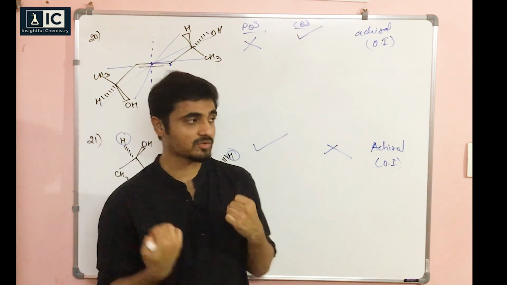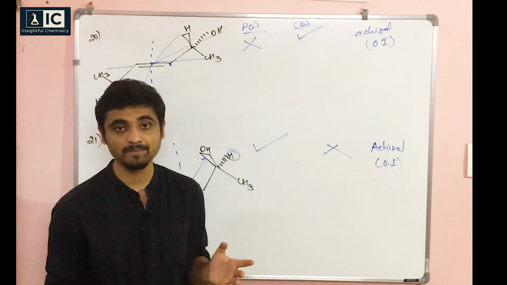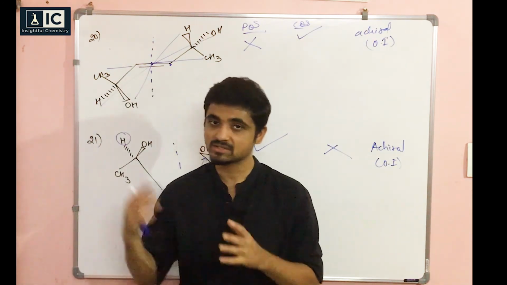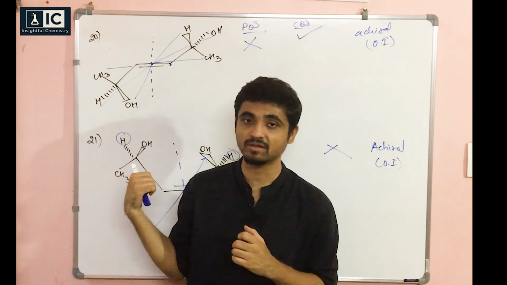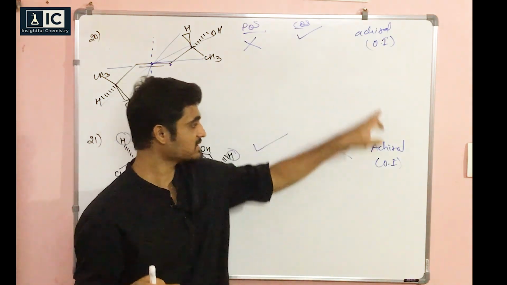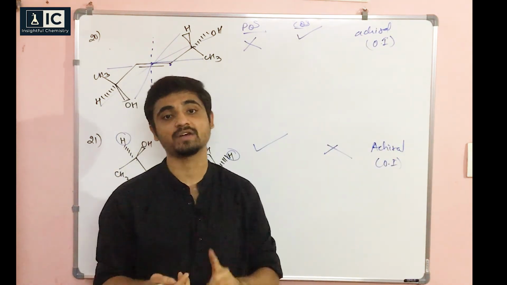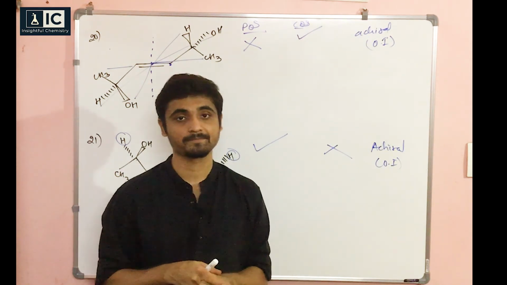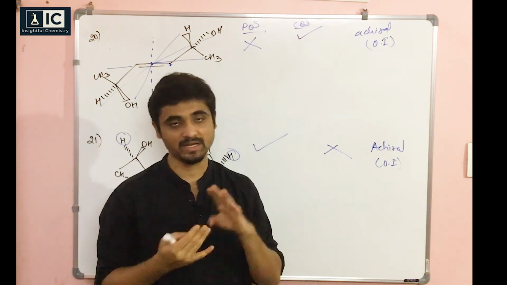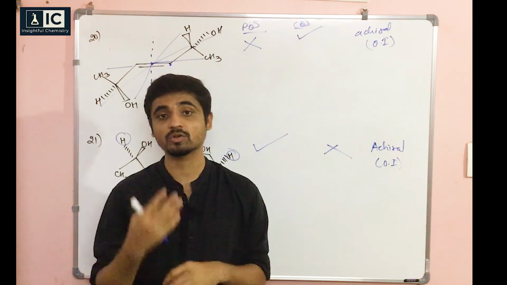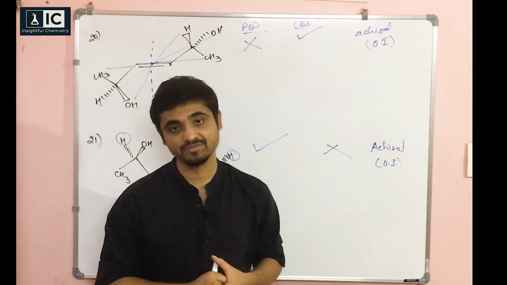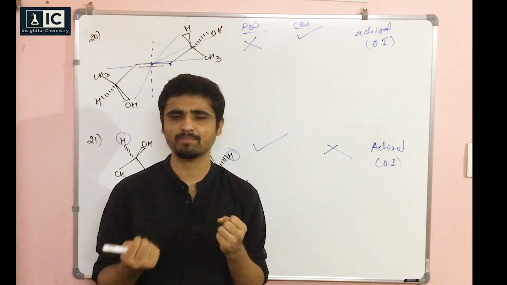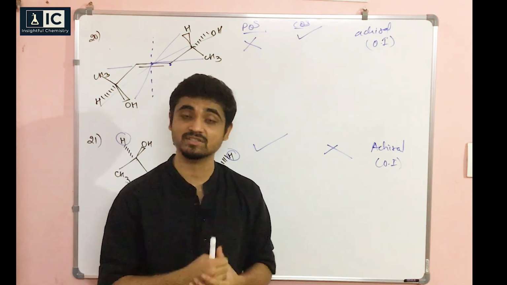So this session is up to here only. In the next session, since we know how to find plane of symmetry and center of symmetry, on the basis of this, we can define what is enantiomer, diastereomer and mesomer. So meso compounds, enantiomers and diastereomers we are going to complete in the next video lecture, the most crucial part of this, on which the questions are asked.